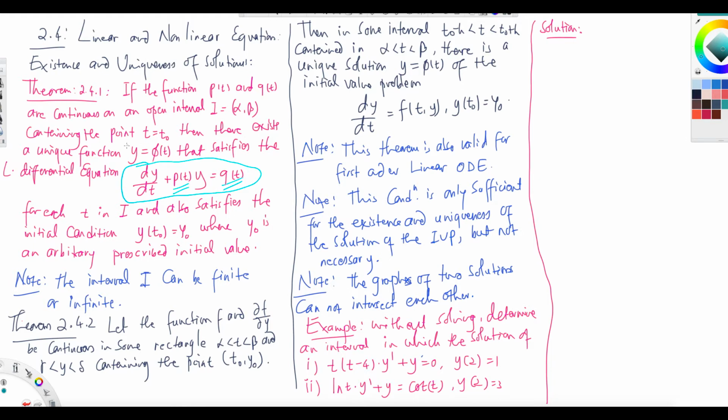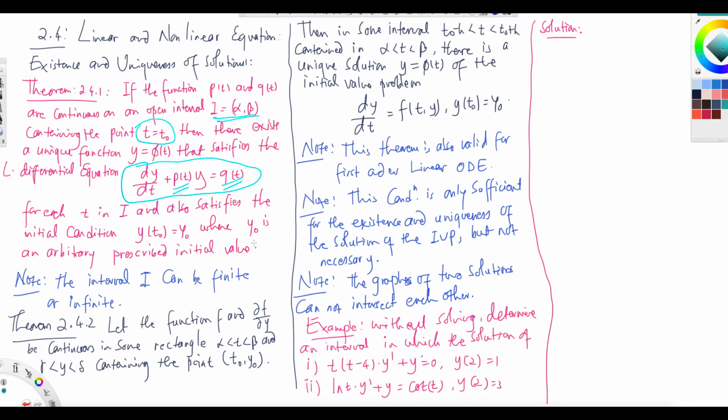Then there exists a unique function y equals phi(t) that satisfies the linear differential equation dy/dt plus p(t)y equals q(t). Since the initial condition is given at t equals t0, there will be only one such interval that contains that point, and the solution satisfies this equation for each t in the interval I, and also satisfies the initial condition y(t0) equals y sub 0, where y sub 0 is an arbitrary prescribed initial value.